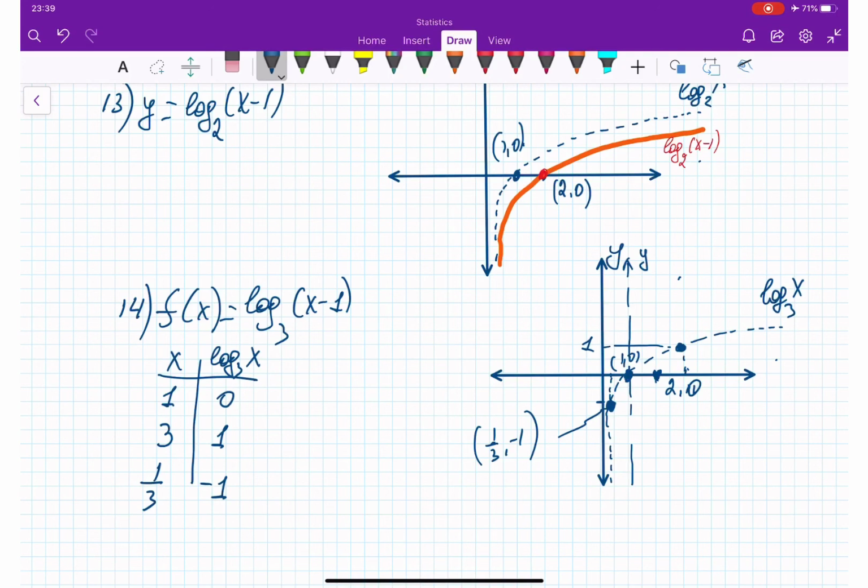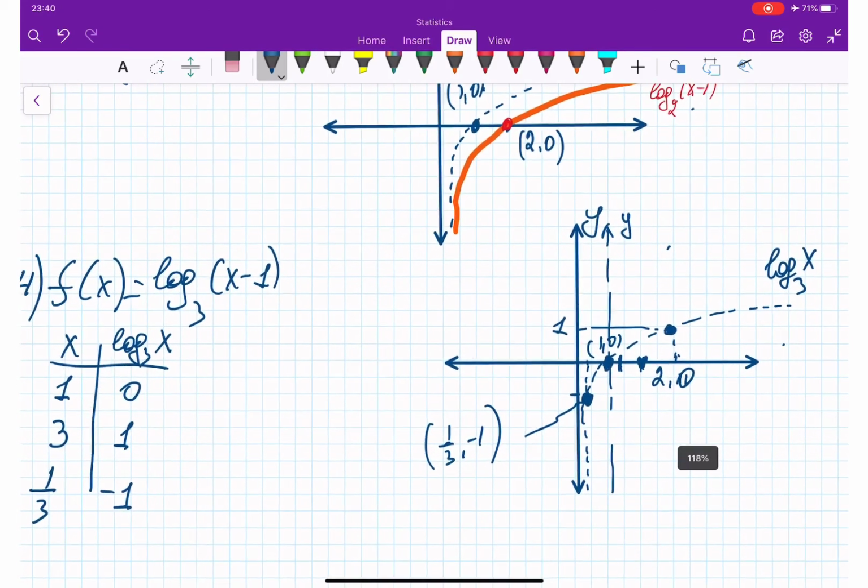It's going to be 1 and 1/3, so it's going to go to 1 and 1/3 somewhere here.